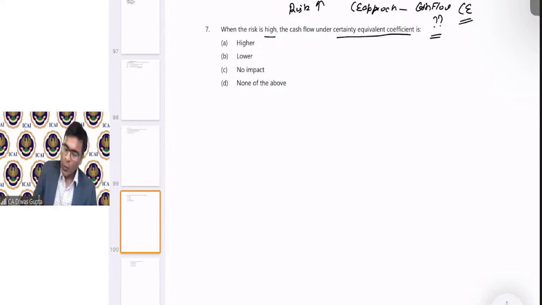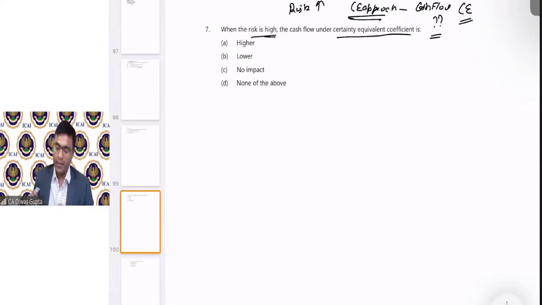So students, please note, what is CE approach? What do we really try to achieve through CE approach? We try to get to the guaranteed cash flows, right? And what are guaranteed cash flows? Guaranteed cash flows are those which don't have any risk element. So if the risk is high, that means the guaranteed cash flows will come down. Correct.